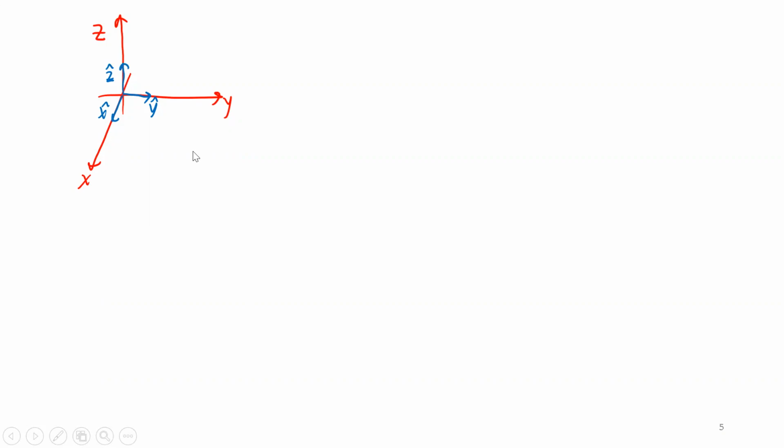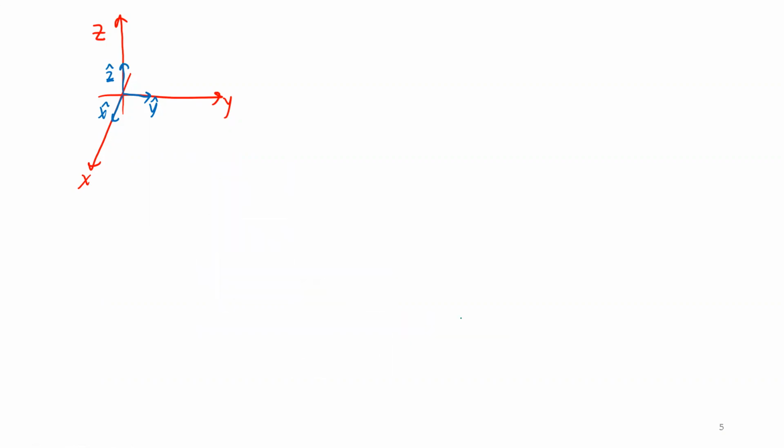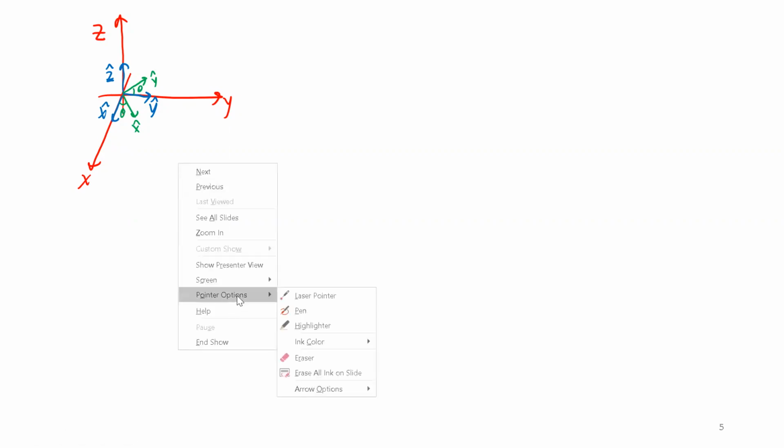And of course, it won't be the only choice. You could imagine that if you rotate x hat by some angle and rotate y hat by the same angle, theta, I cannot call these x hat anymore.